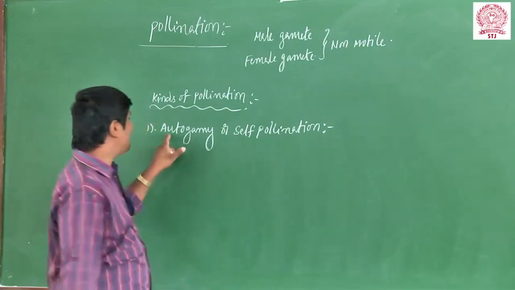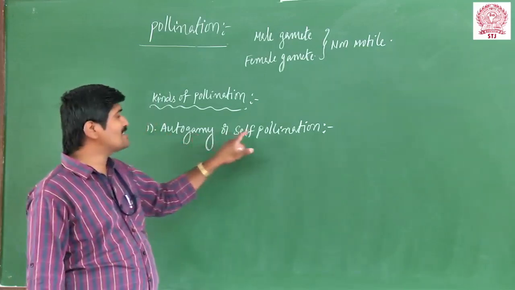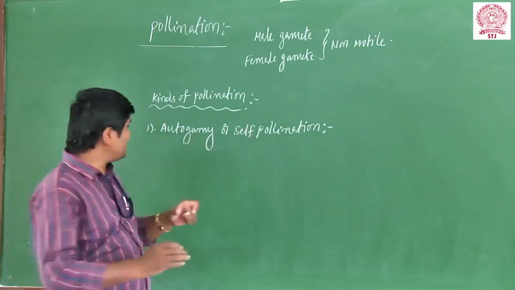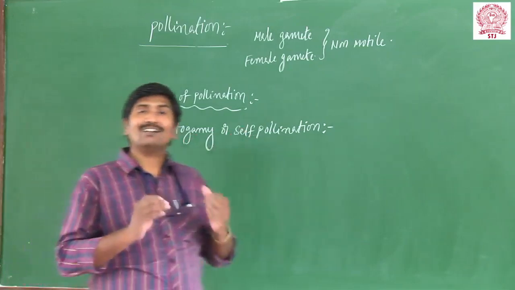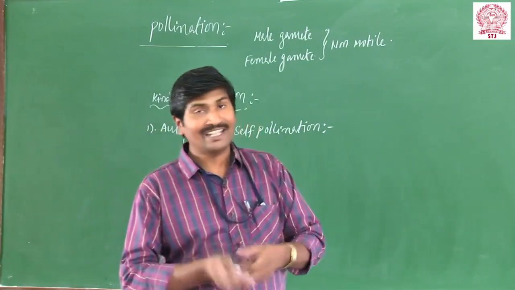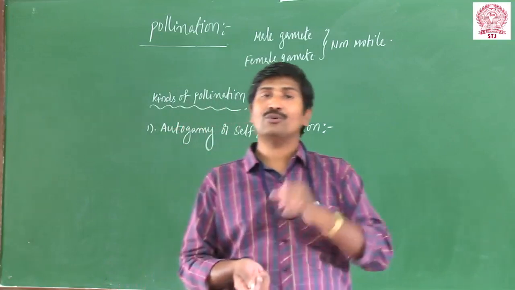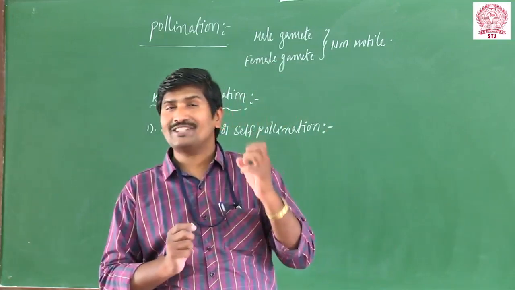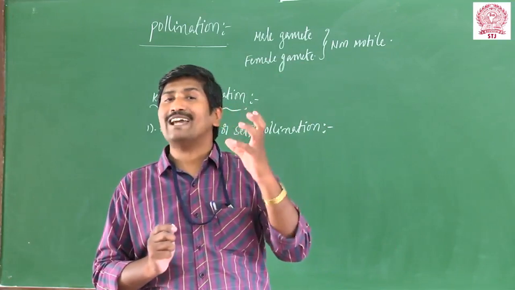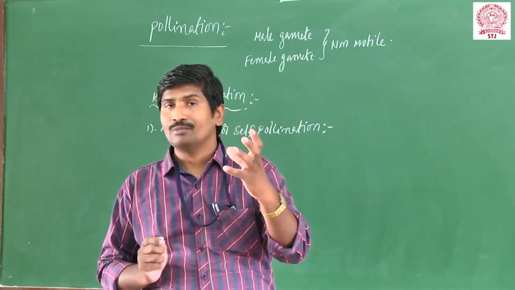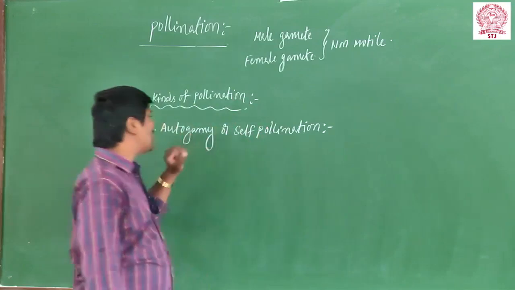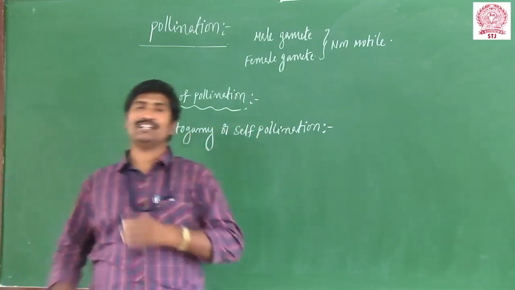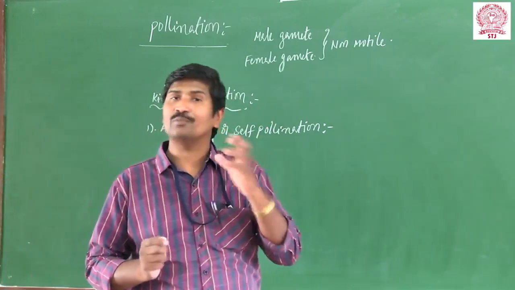Generally autogamy occurs in bisexual flowers, when the release of pollen grains and the receptivity of the stigma are synchronized at a time.